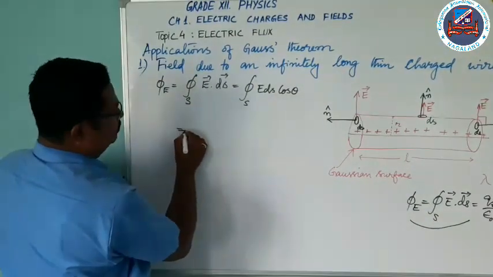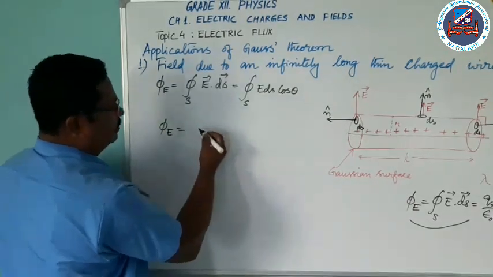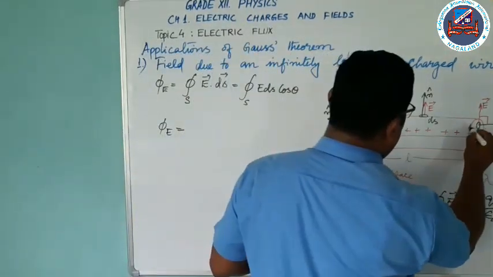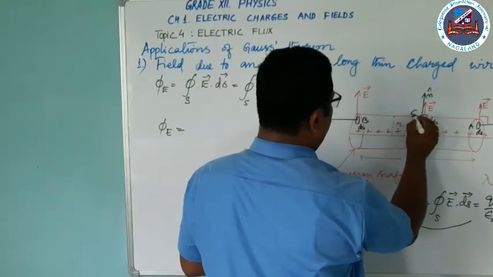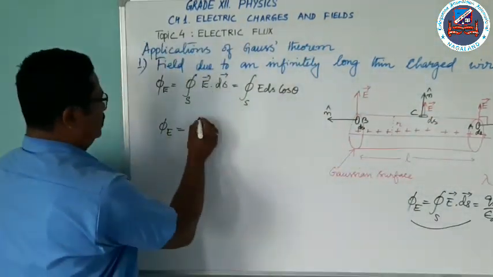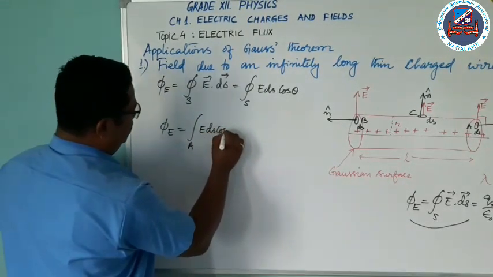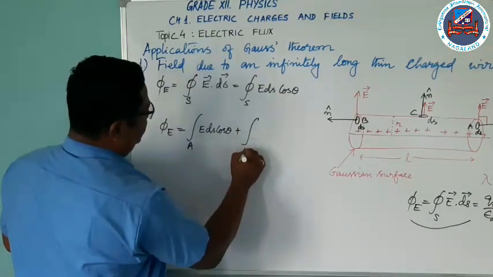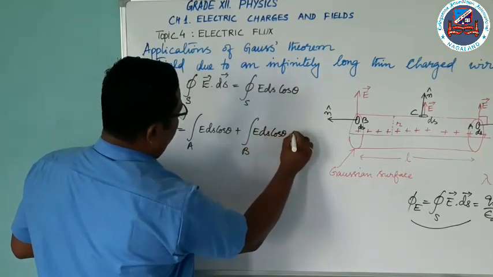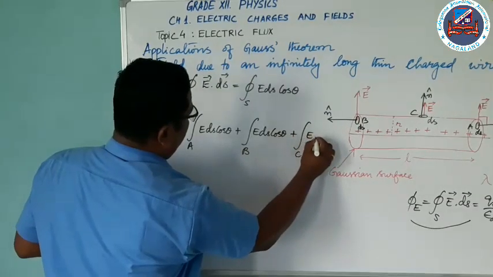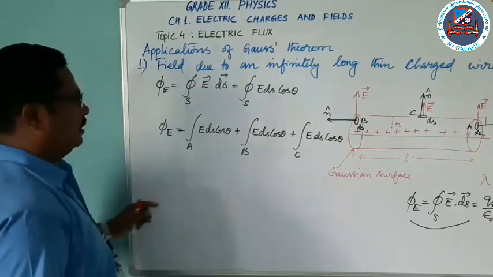So phi E is equal to, the first one we will represent as A, this one as B, and this one as C. So along A, E ds cos theta, along B, E ds cos theta, and along C, E ds cos theta. Now put the angles accordingly.